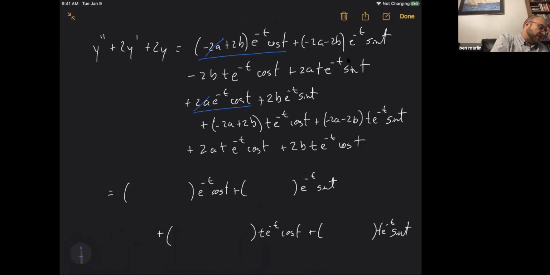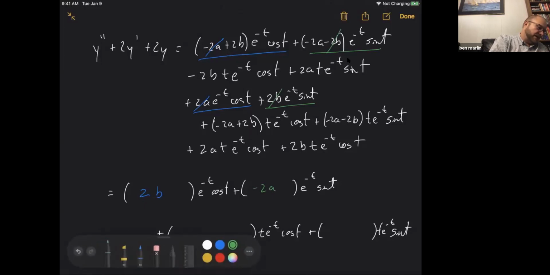So we end up with just 2b. And here for the e to the minus t sine t, we're going to have that here and here. And that means that we will have the 2b and the minus 2b cancel out and have minus 2a. That might be nice.